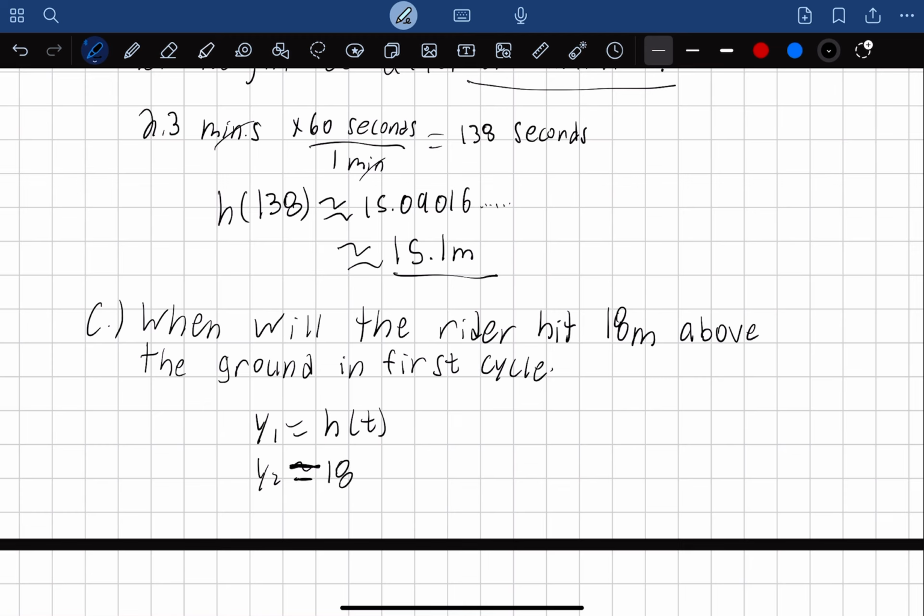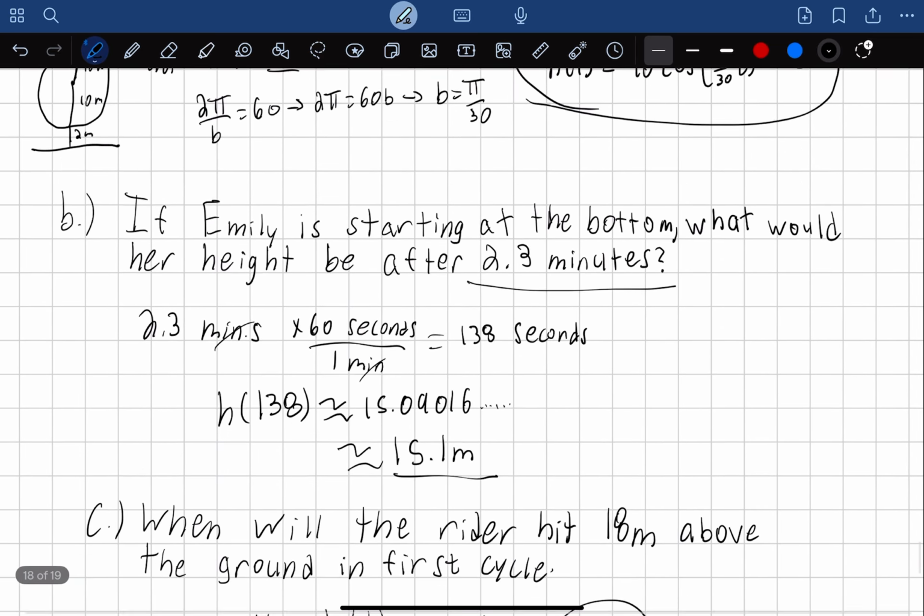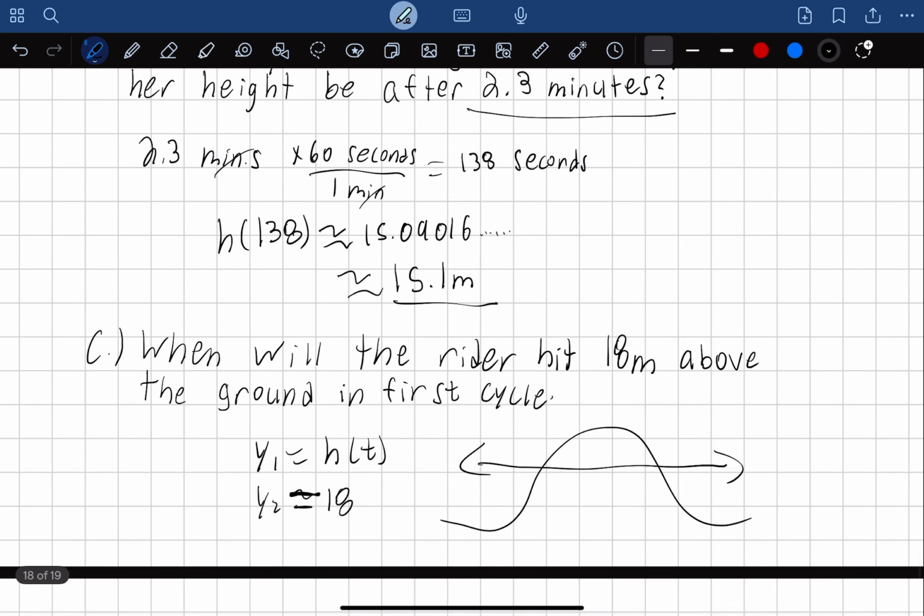If you do this right, it should appear like this, because you want to make your window the first cycle. So your x min is now going to be 0, your x max is going to be 60, and I made my y min 0 and my y max 30 just for simplicity's sake. And now you just find the intersection points.